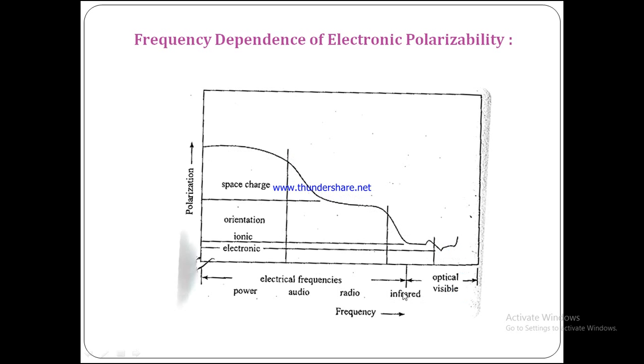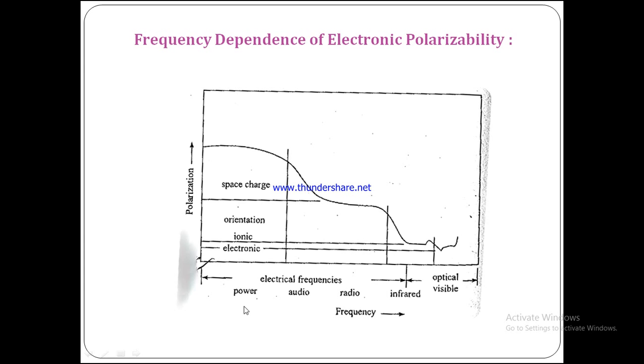Over here in the x-axis the frequency parameter is shown, and in the y-axis the polarization parameter is shown. The frequencies are classified as power frequency, audio frequency, radio frequency, infrared, and optical visible, whereas the y-axis is classified as electronic, ionic, orientation, and space charge polarization.